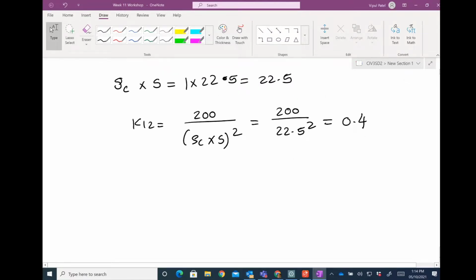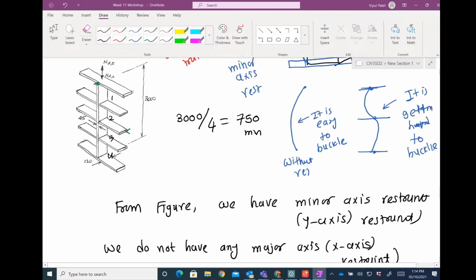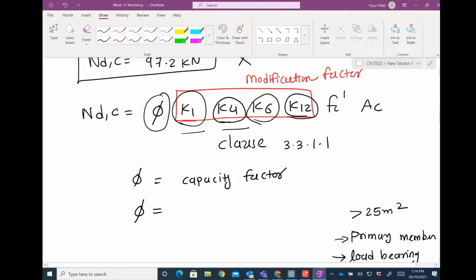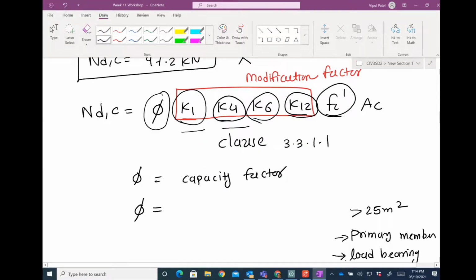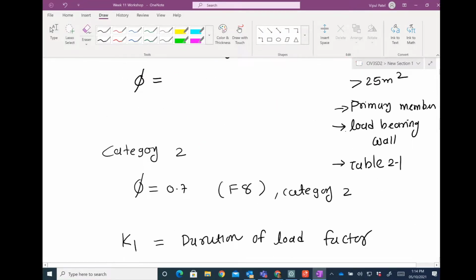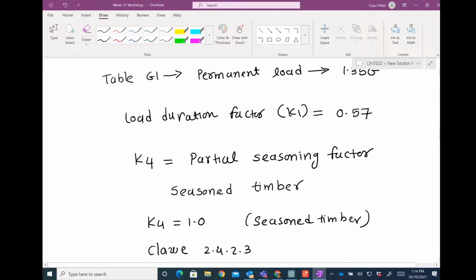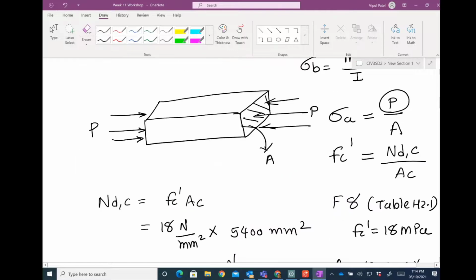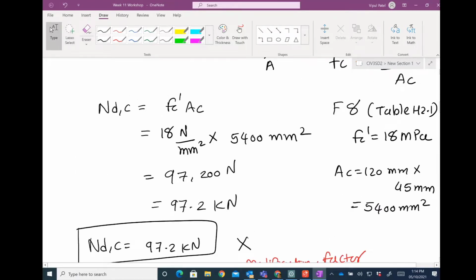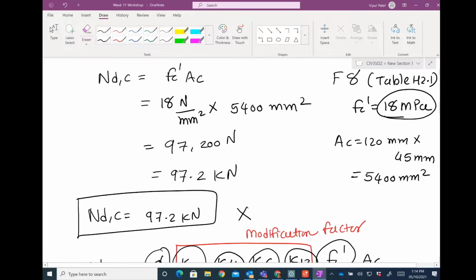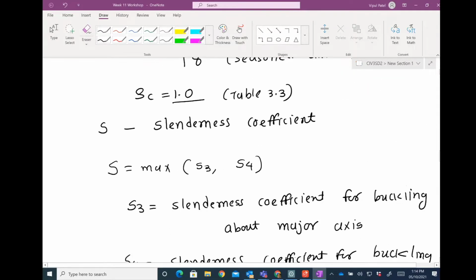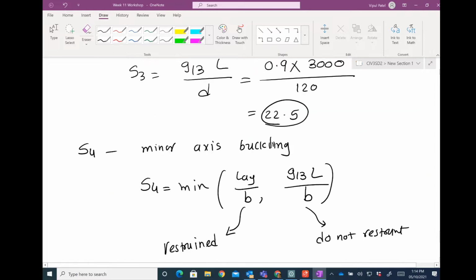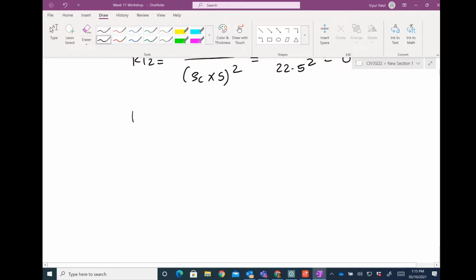Now K12 we got. We need to find FCDS. I think we already found FCDS. Where was that? FCDS was 18 megapascals, concrete compression strength, timber strength. Let me show you again.